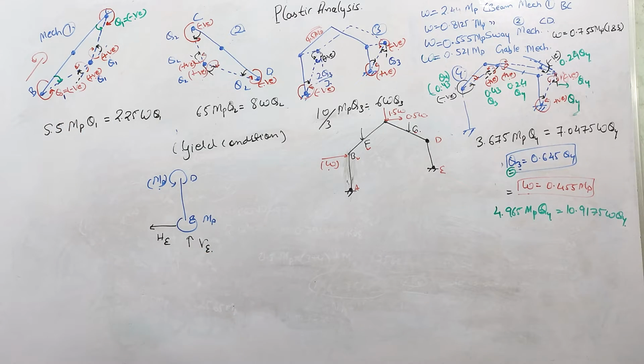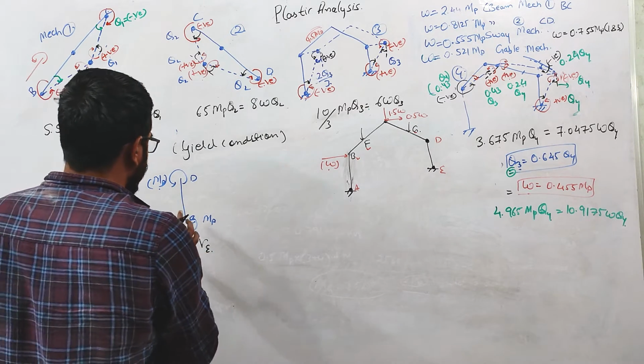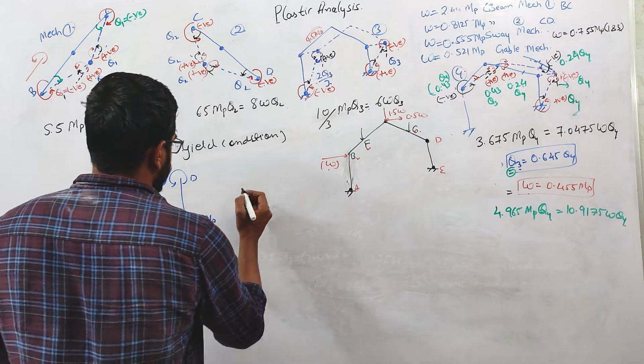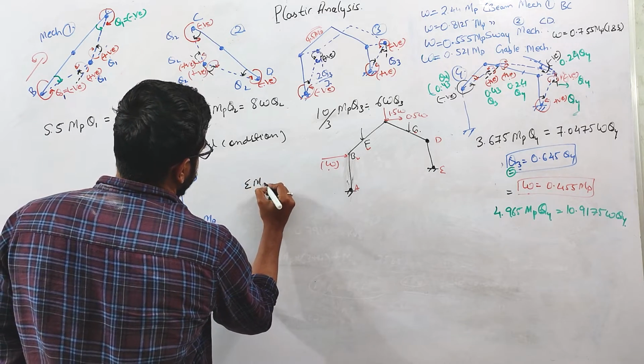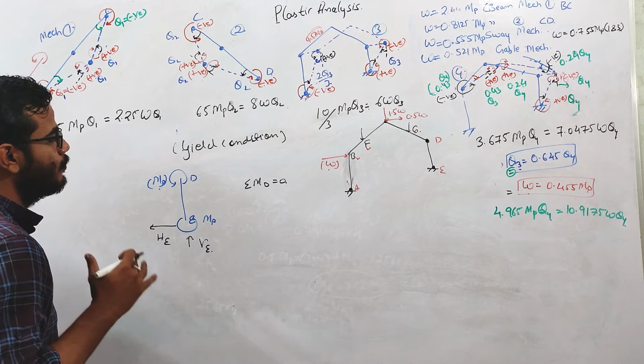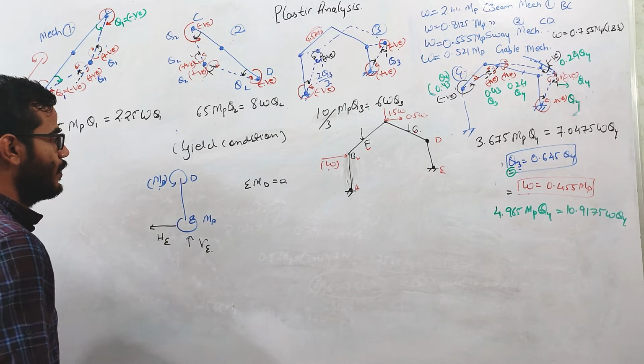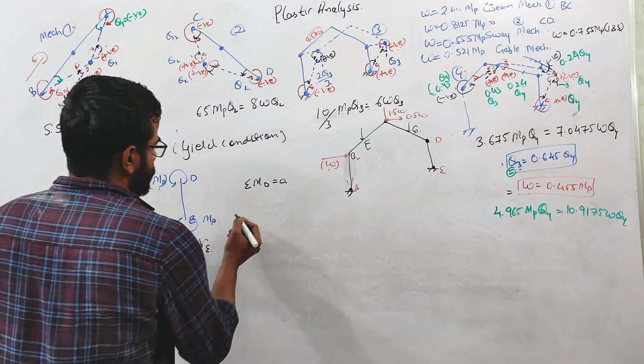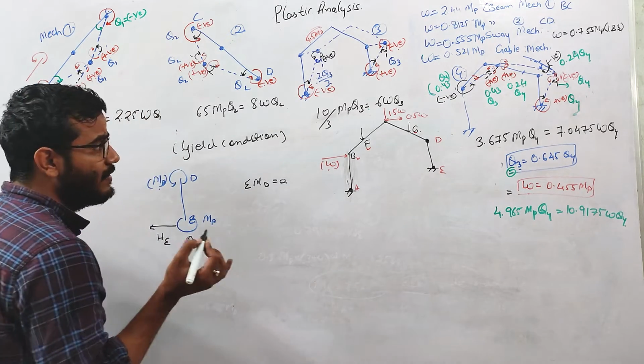For calculating the horizontal reaction, I can write summation of moment about D equals 0, or you can say the moment equilibrium about D is 0.